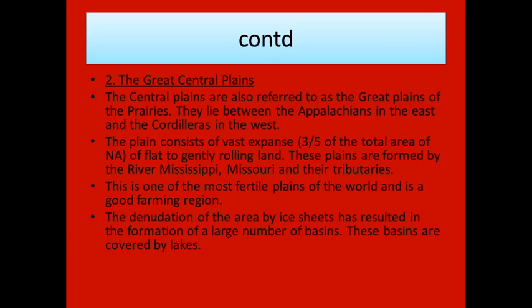The plain consists of a vast expanse, three-fourths of the total area of North America, of flat to gently rolling land. These plains are formed by the river Mississippi, Missouri, and their tributaries. This is one of the most fertile plains of the world and is a good farming region.